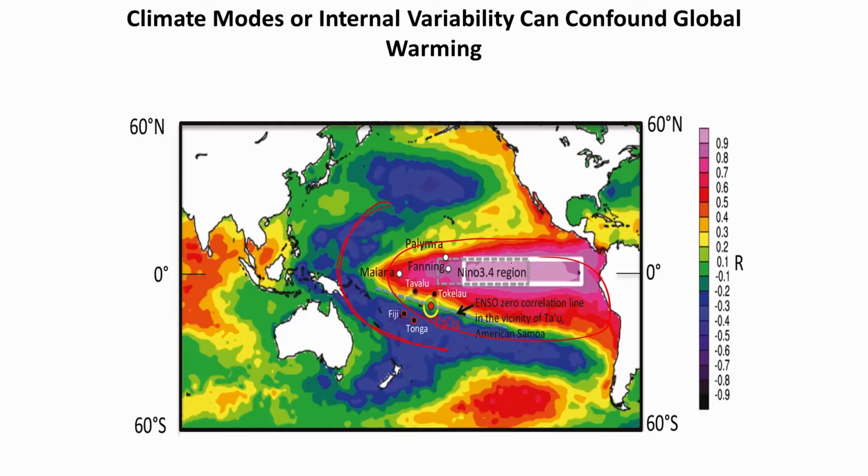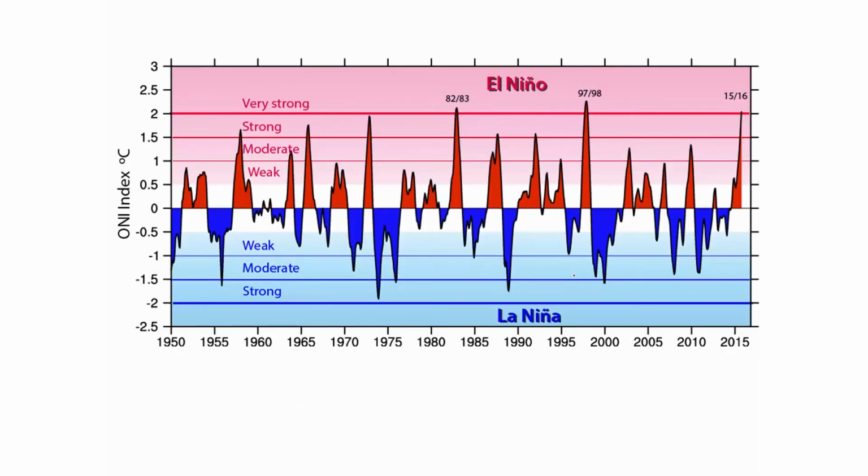There are several indices used to define El Nino. There are different regions like Nino 3 and Nino 3.4 and so on, where there is warming, and those indicate that there was an El Nino happening or a La Nina happening.